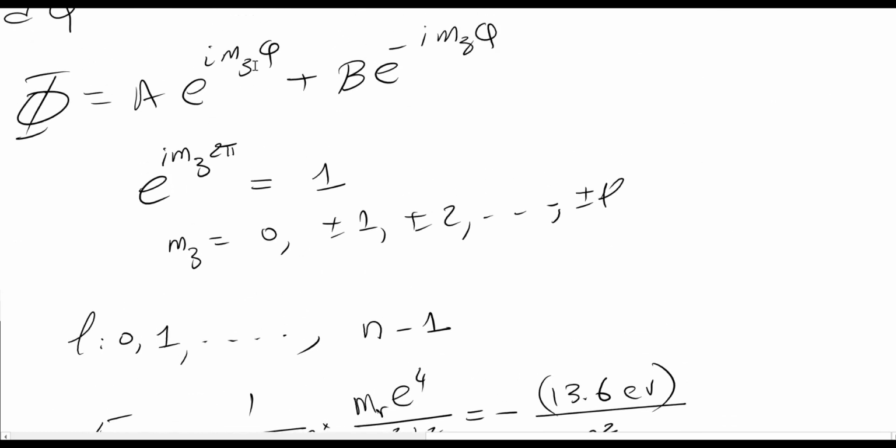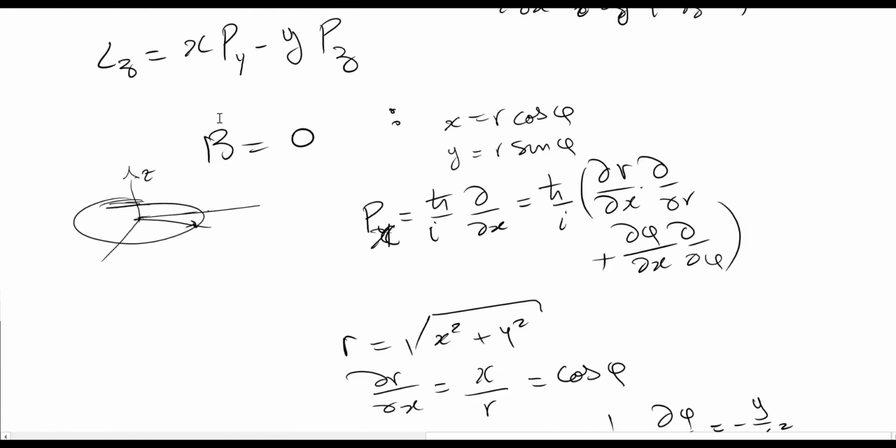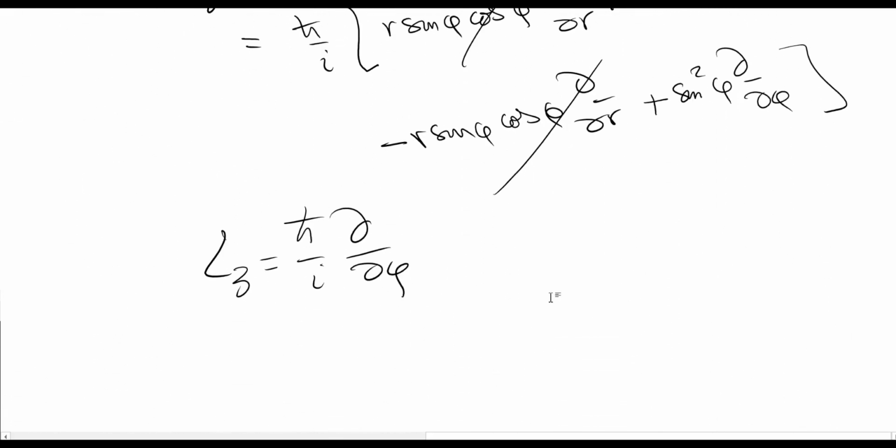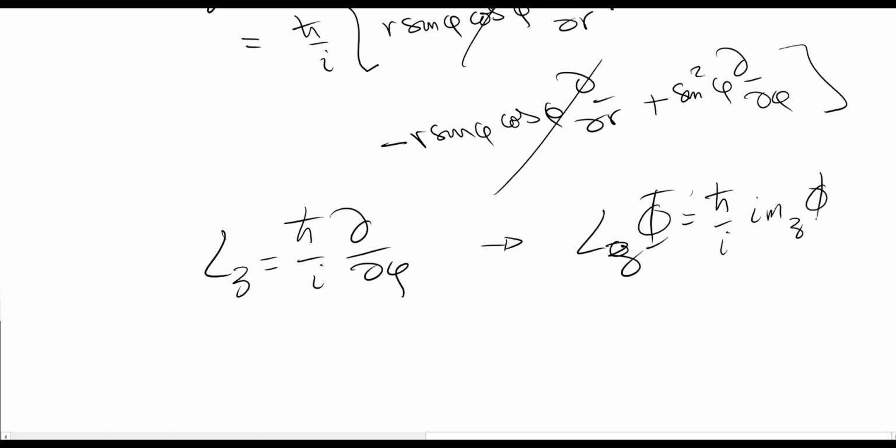when I take the derivative with respect to phi, I'm going to drop an i, and I'm going to drop an mz. So i cancels the i, so LZ of that solution of phi is simply going to be h bar over i times i mz times phi itself, because the derivative of the exponential is actually an exponential.